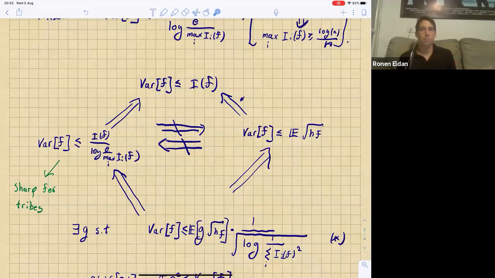And the hypercontractive inequality tells you how much smoother it is, and the fact that it's smooth lets you do several things to it.